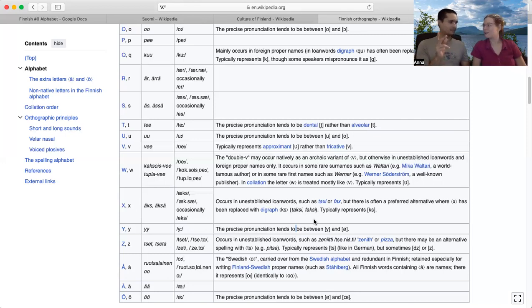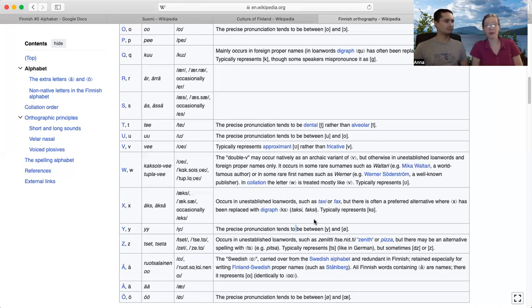So I think it's important to mention vowel and consonant length. Another really important point in Finnish pronunciation and spelling is the length of consonants and vowels. Maybe for English speakers the length of vowels isn't that surprising, because in English the sound length can also change the meaning of a word.